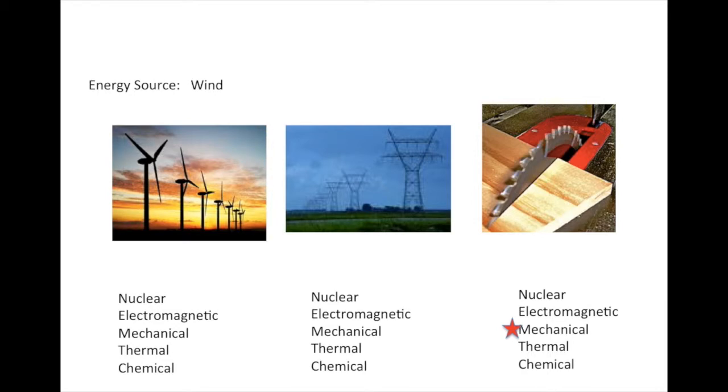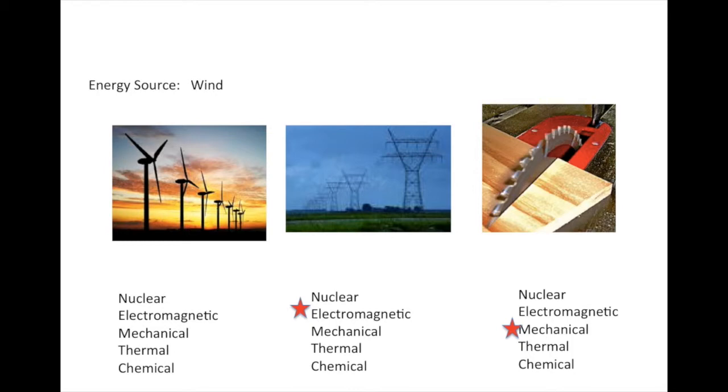For most examples in the end product, there's thermal energy, but we're just going to pay attention to the primary one we're dealing with. So the mechanical energy of the saw, in order for that saw to have access to that energy, then clearly it comes across the power lines, and so that's an electromagnetic oscillating field that is part of what delivers that energy.